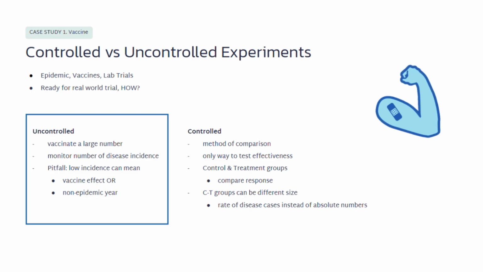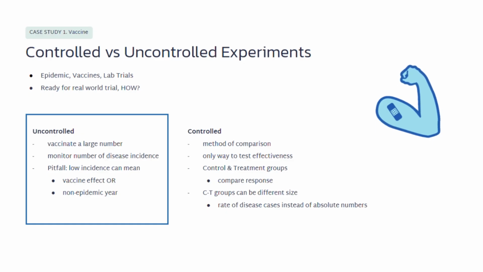The easiest way, which we call the poor design, the uncontrolled experiment, is to give the vaccine to a large number of kids, and then monitor the number of incidents of the disease and compare them to the previous year, for example. If the number of incidents dropped compared to the previous year, then it might seem that the vaccine is effective.